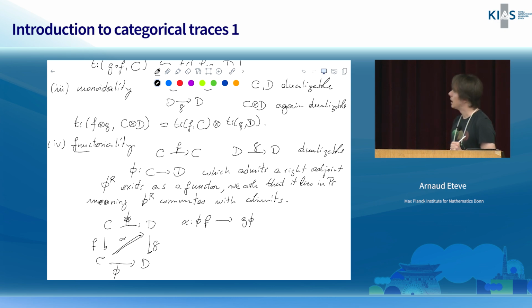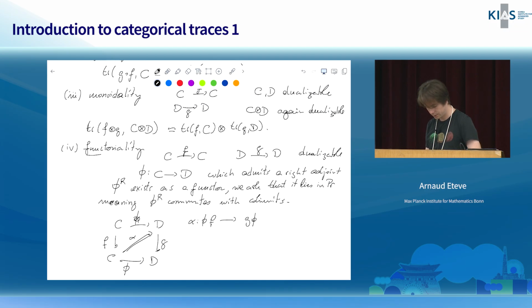Okay. And now, once I have all this data, I can define a map: trace of phi comma alpha, which is a map from trace of F on C to trace of G on D.